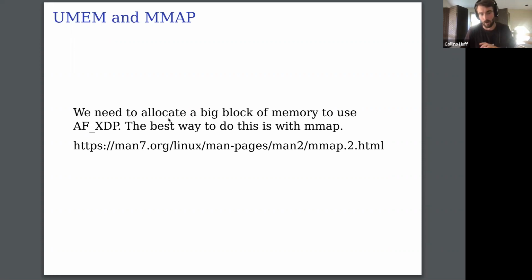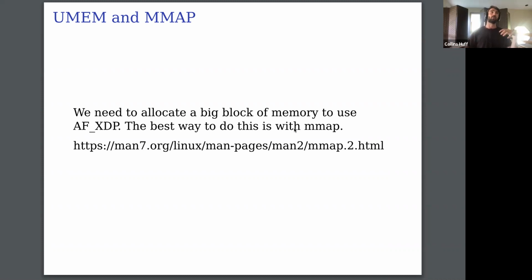The other option is to allocate it on the heap. Also not a great option because if you allocate this big region of memory on the heap, it can slow down your allocator by causing fragmentation. So it makes it more difficult for your allocator to find regions of memory to use for other purposes. So the alternative to those two is to allocate it with something called mmap.